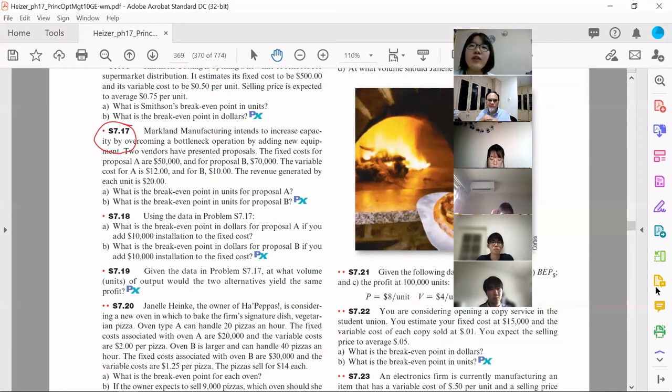Last spring, I helped my father's company and calculated the break-even point. It was very hard, because I had to decide what is variable and what is fixed.